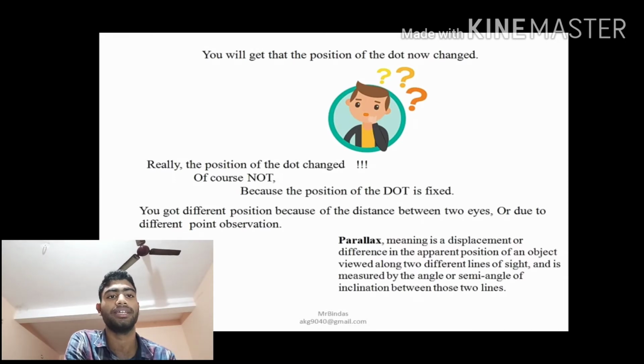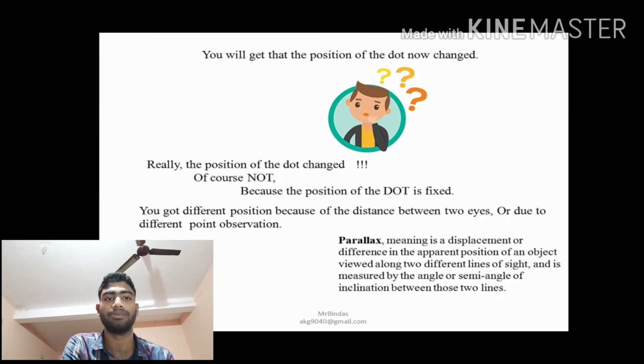And this is called the parallax method. It means the difference in the apparent position when you look at the dot from two different positions. You will find two different positions of the dot. That difference is known as the parallax, and this method is known as the parallax method.